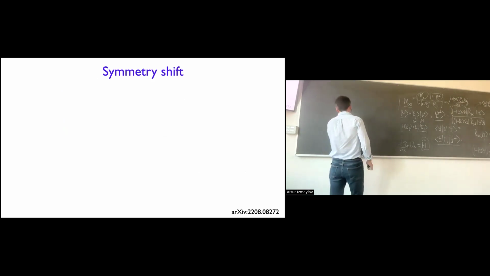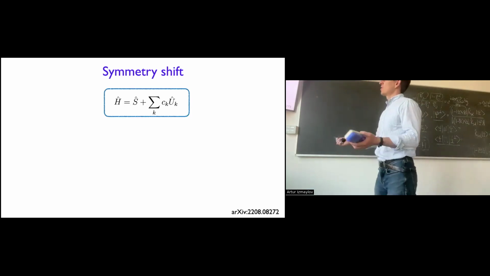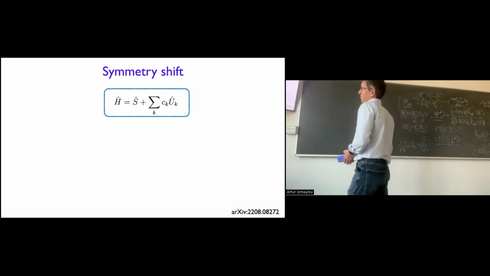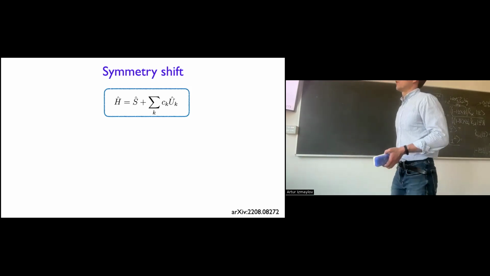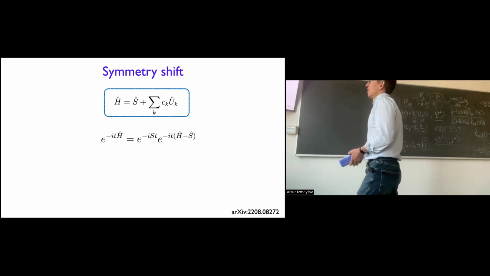One is simply we could extract the symmetries from the Hamiltonian, and one way to do it is to represent the Hamiltonian as some symmetric operator plus the rest decomposed using unitaries.